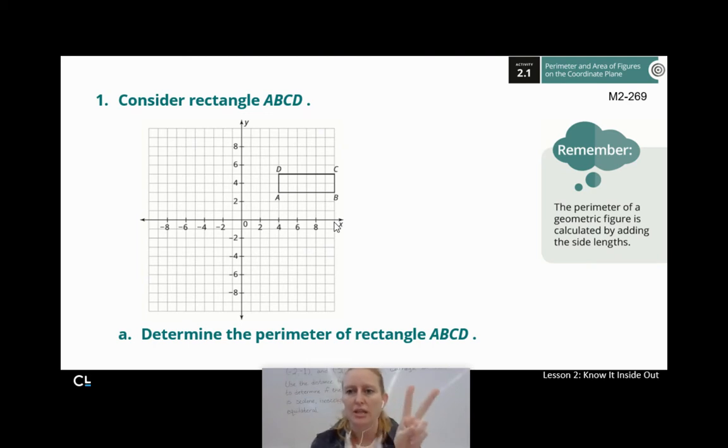I want you to do two things. Do part A: determine the perimeter of rectangle ABCD. And then I also want you to do part B: determine the area of rectangle ABCD. So go ahead, hit pause, work these out, and hit play when you're ready to check your work.